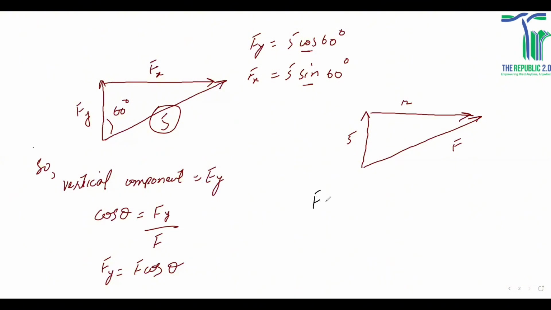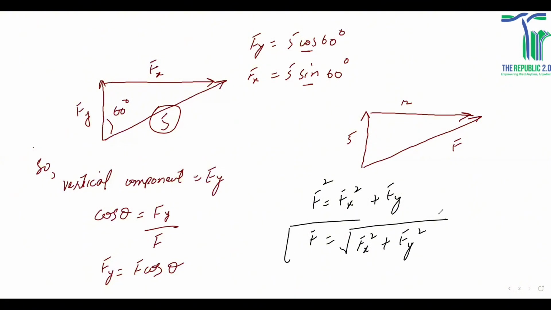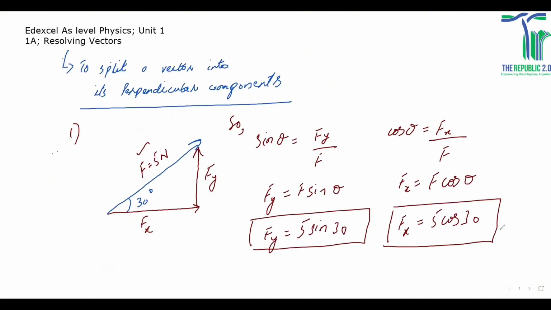And that is going to be f equals fx square plus fy square, right? So f would be the square root of fx square plus fy square. So that is how we're going to calculate the force, which is going to be the square root of fx square plus fy square, right? So that's it. This is how we talk about resolving vectors like this.